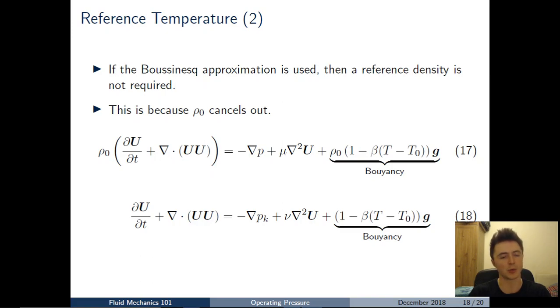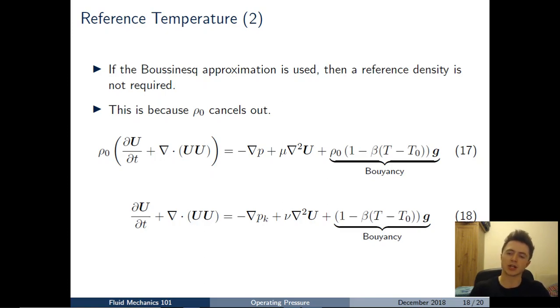And what happens is when we divide through by the reference density, we see that the reference density in the buoyancy force term cancels out, and of course the dynamic viscosity divided by the density is now the kinematic viscosity, and the static pressure is now the kinematic pressure, following standard practice for incompressible flow solutions.